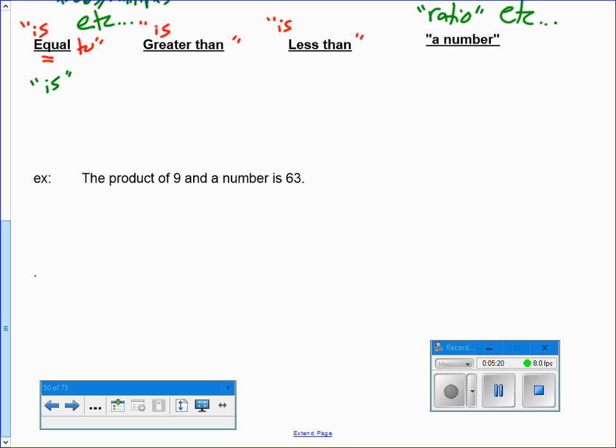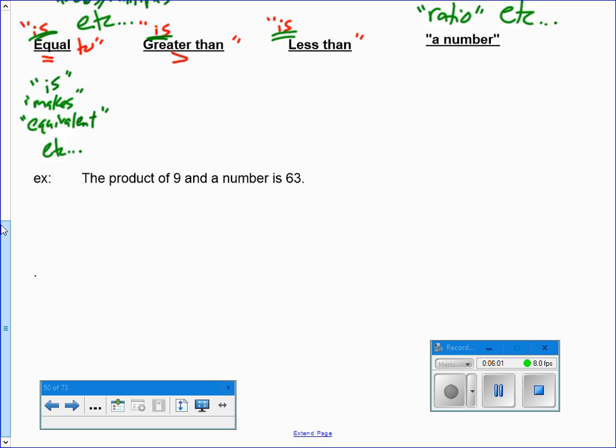So is a lot of times means equals, or it might say makes as well, or it might say equivalent. Words like this representing equal, something is equal to something else. The key here is we have to look for that is, though. These symbols will only pop up if we have the is. It has to be a full sentence to have one of these equations or inequalities involved.